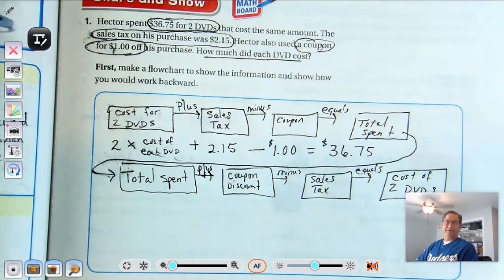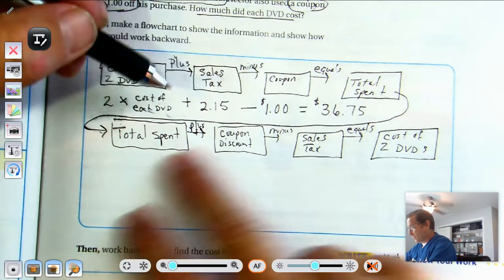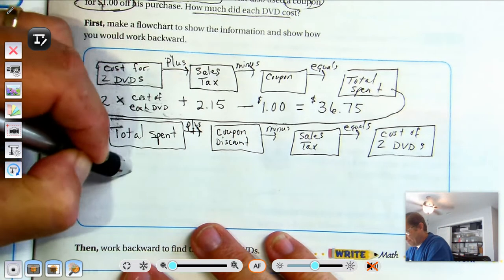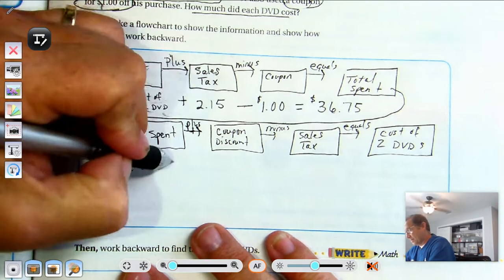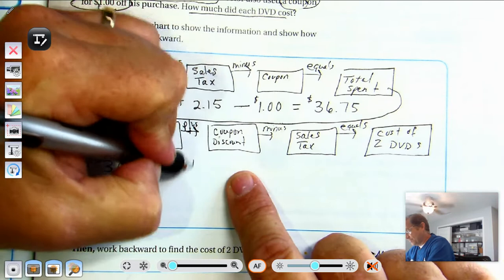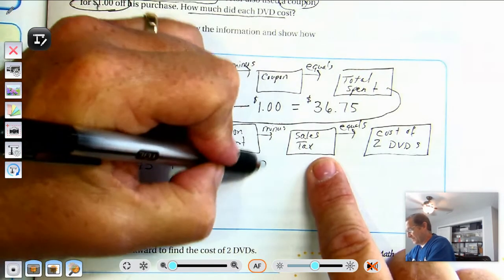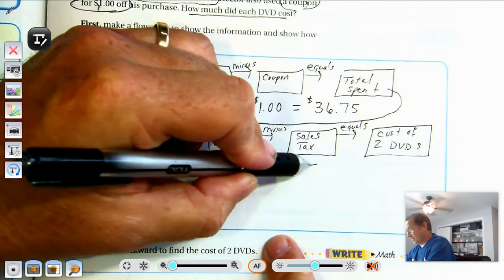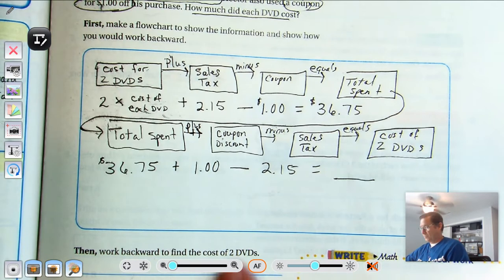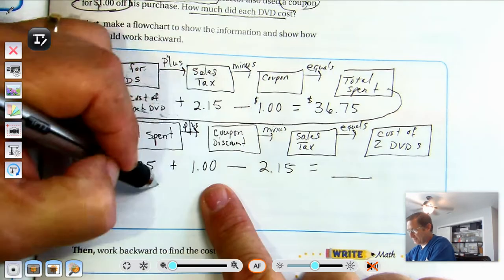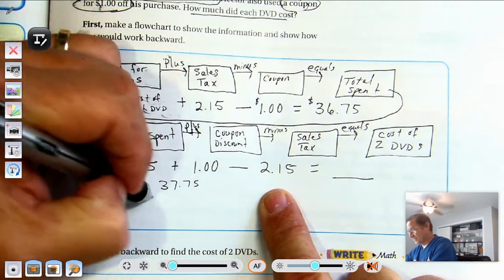All right, so let's translate these into money. So $36.75 was the total amount spent, plus the dollar off, minus the $2.15 will give us the cost of the 2 DVDs. All right, so what's 36 plus $1? Well, that's $37.75 minus $2.15.